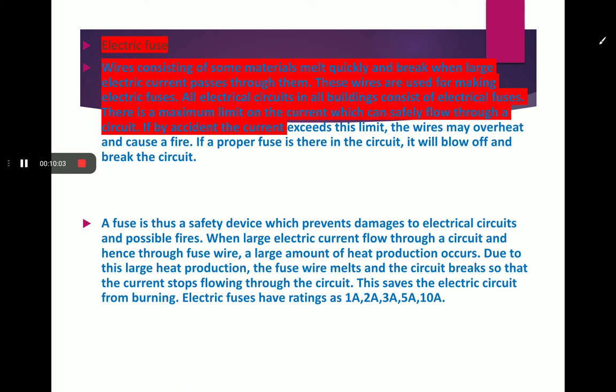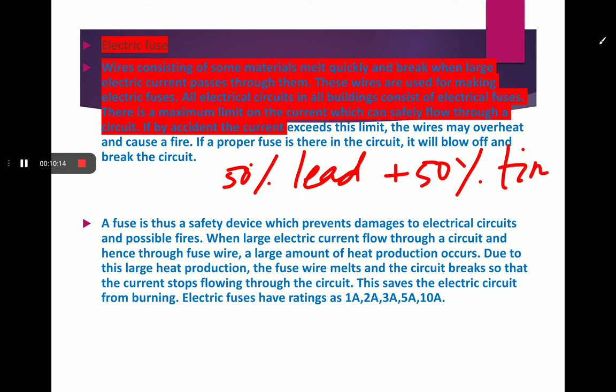A fuse wire is an alloy of 50% lead and 50% tin, and it has a melting point of 200 degrees Celsius. So, a fuse is always connected in series with the appliances. You have to remember this point, that a fuse is always connected in series with the appliances.